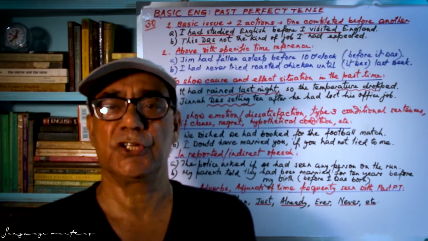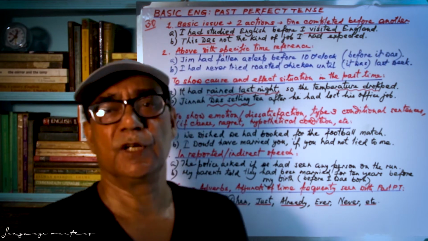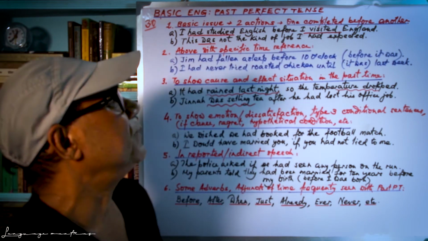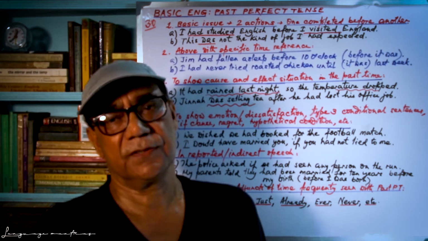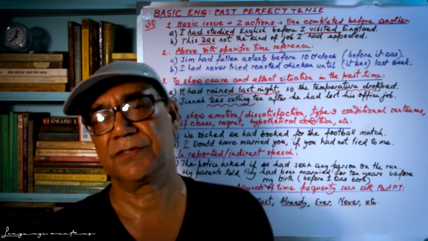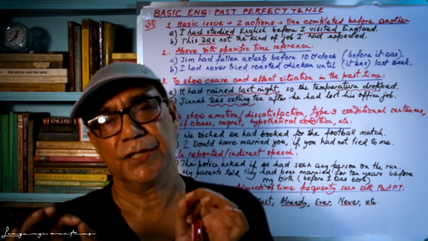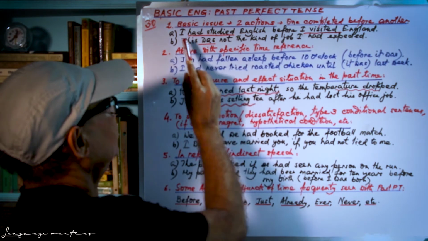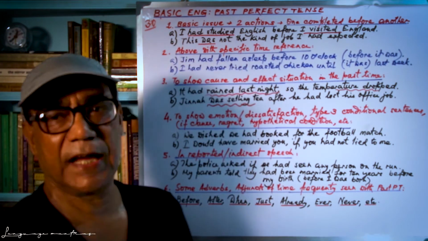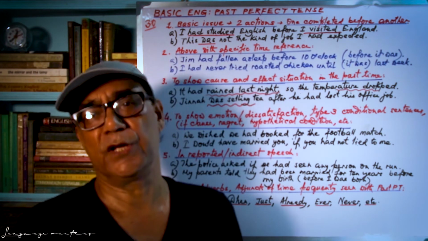Another example, I had studied English before I visited England. So I studied English first and then I visited England. Naturally, the past perfect tense would be here, I had studied English and after that I went to England.